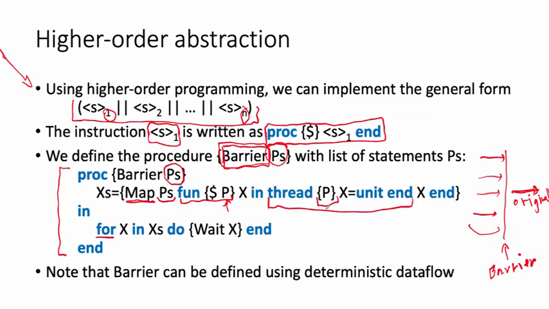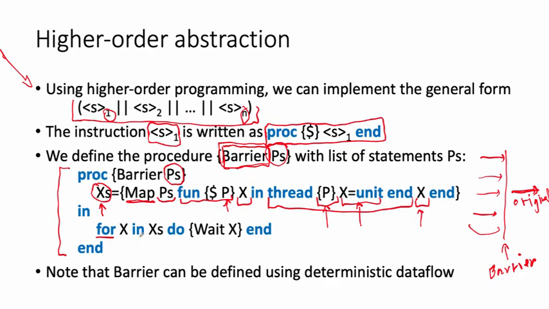In this thread, we will execute P. We also have a local variable X, and we will do X equal unit inside the thread after P is done. And then finally, we will return X. So the map will create threads for all the procedures, and it will set up all the variables, and it will return a list of all these variables. So you see the map is doing a lot of good work here.